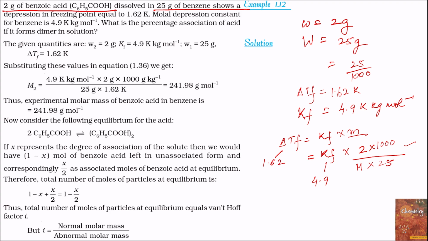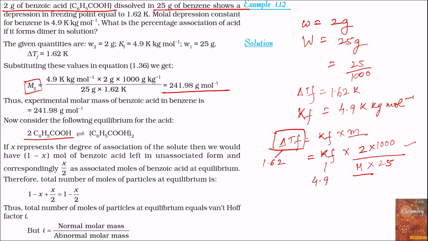So rearranging this equation, the experimental molecular weight of benzoic acid is 241.98 gram per mole. This is called experimental molecular weight because this molecular weight is obtained from depression in freezing point of the solution when benzoic acid is dissolved in benzene. Now benzoic acid, it forms dimer.